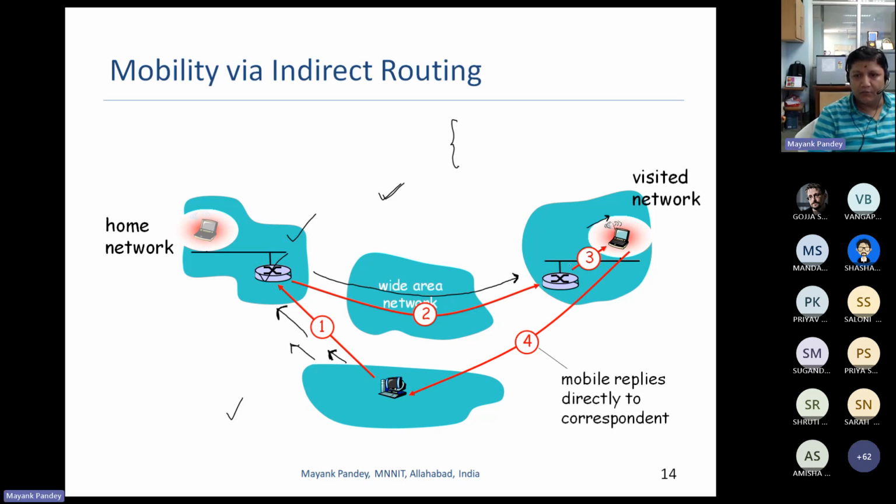And now, because the mobile node knows the IP of the correspondent, it can reply directly to the correspondent. So these are the 4 steps. All data will come to your home, the home agent will forward it to the foreign network, the foreign agent will forward the data to the mobile node, and the mobile node will now reply directly to the correspondent node.